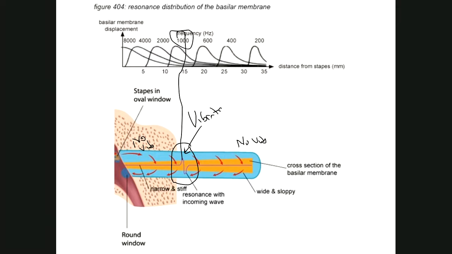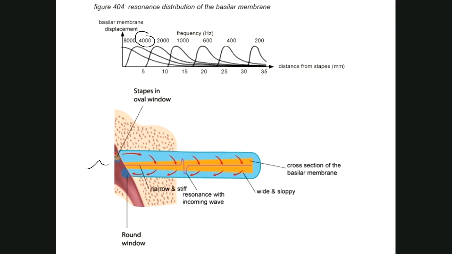If it were a different sound, so let's say this sound came in your ear. Here it comes. Only this part of the membrane would vibrate, would go up and down. You wouldn't get any vibration here. You wouldn't get any here. You wouldn't get any here.